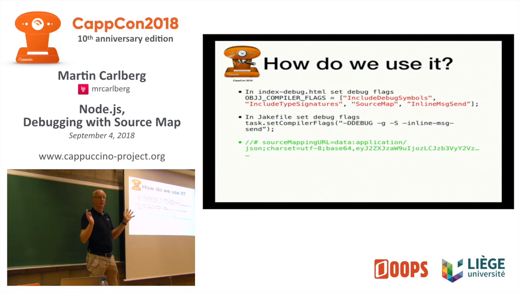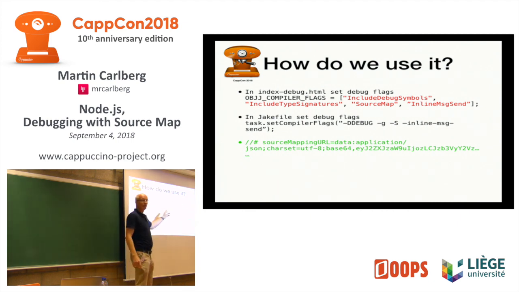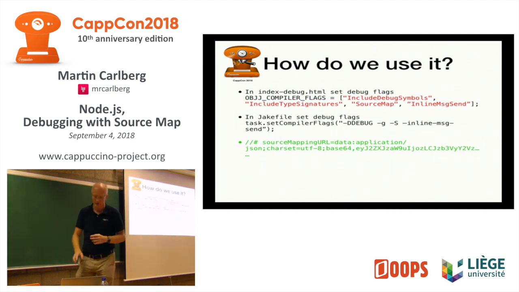But when you're debugging, it's worth it, because it will be really easy, because you don't do anything. You have just one generated file, which includes the map file, the source file, the whole thing. So it's really easy.